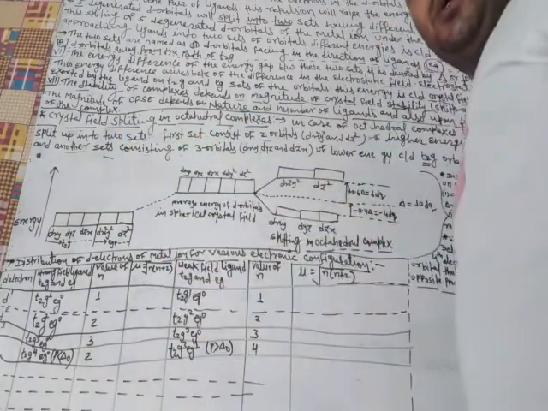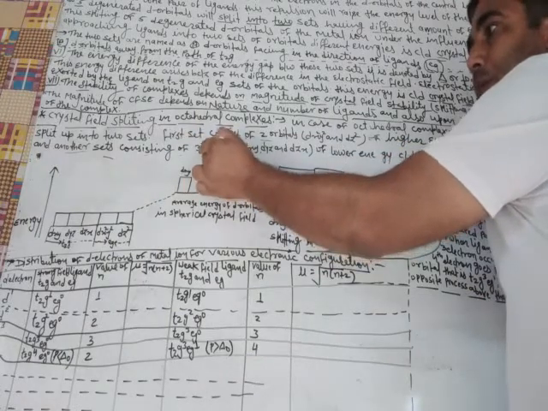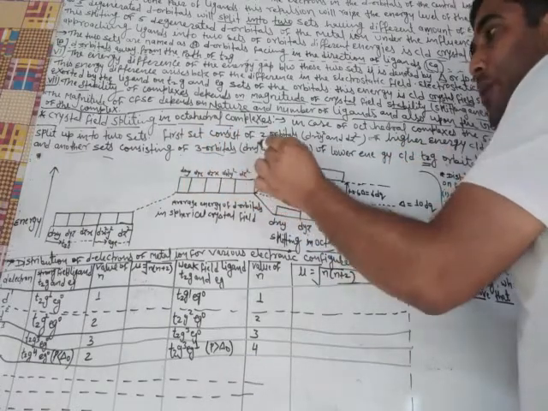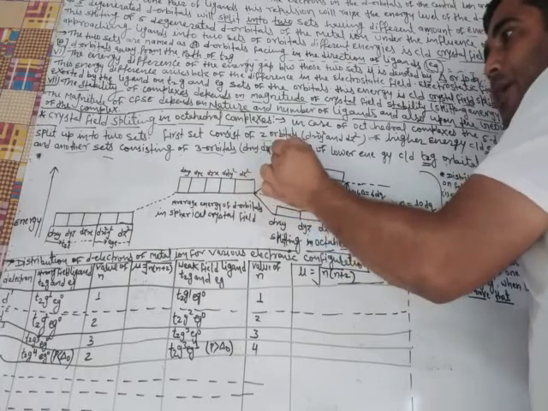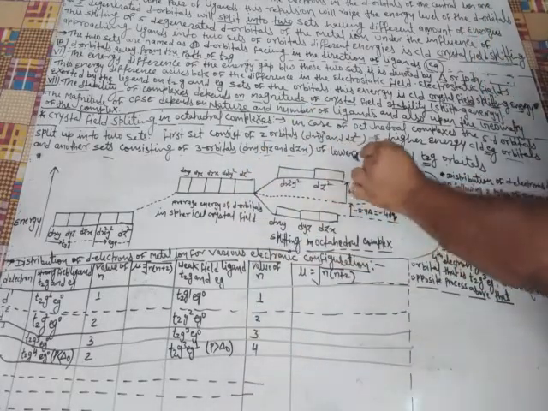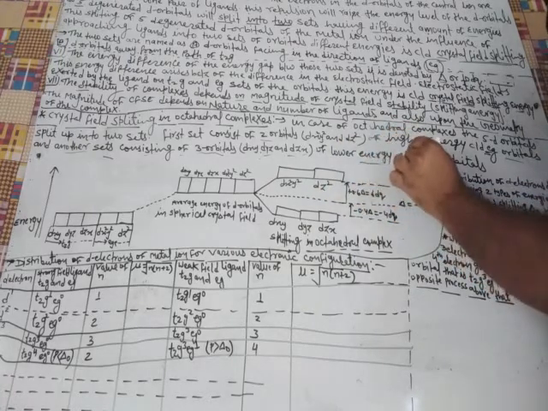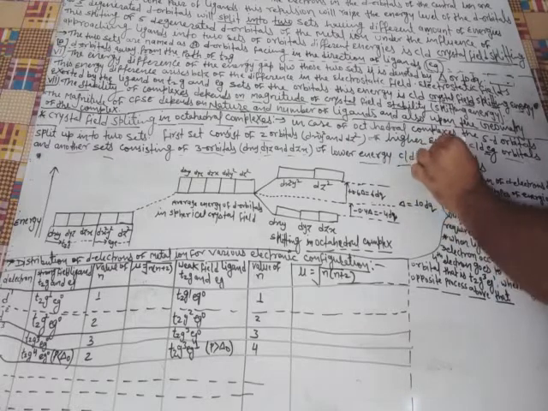consisting of three orbitals known as dxy, dyz and dzx, of lower energy level, called T2g.